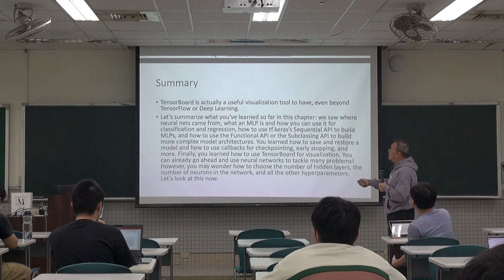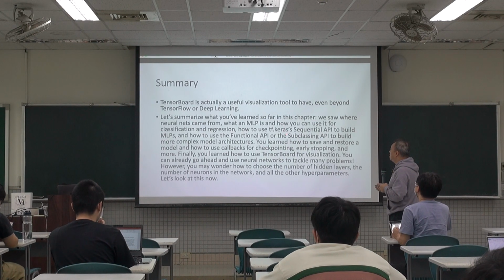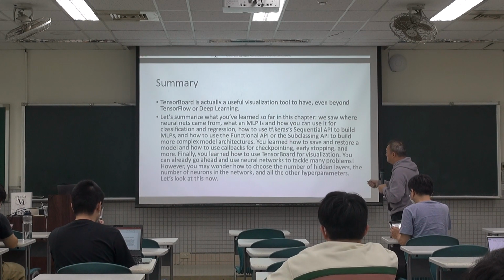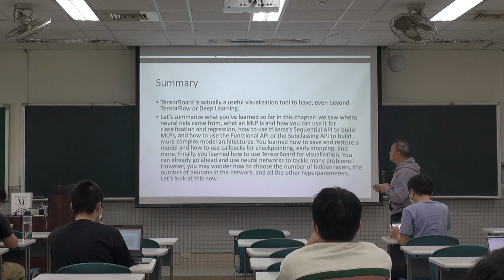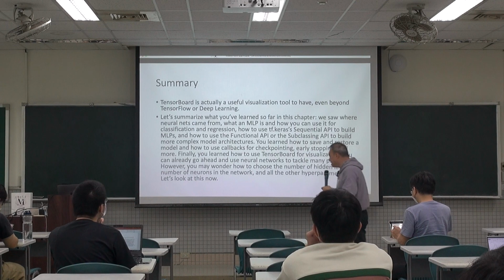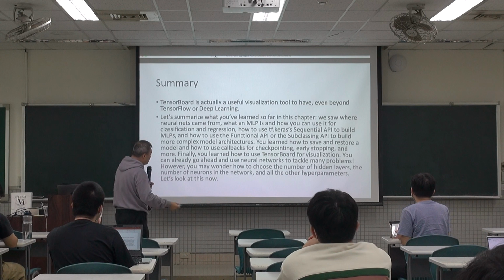Also, we have learned where a neural network comes from, and what a multi-layer perceptron is, and how you can use it for classification and regression, and how to use the sequential API, functional API, and subclassing API. We also talked about how to save the model, how to use checkpoints, how to do early stopping, and in addition to those things, TensorBoard.